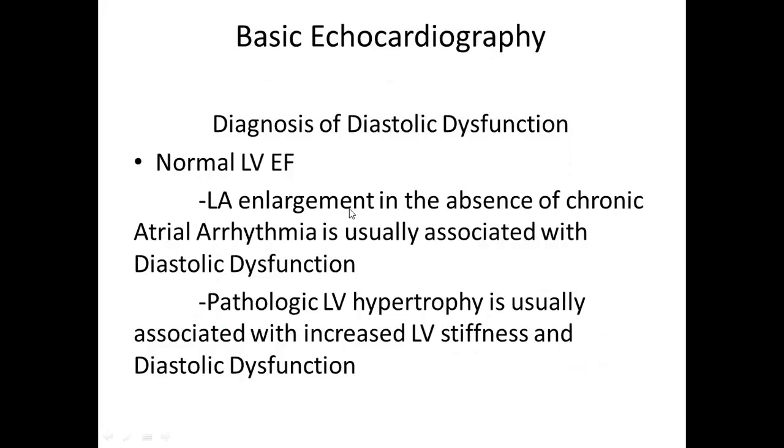So, left atrial enlargement in the absence of atrial arrhythmia, because remember, atrial fibrillation can give you an enlarged left atrium: the left atrium is not contracting, blood stays in the left atrium and expands it. So in the absence of chronic atrial arrhythmia, it usually suggests that the patient has diastolic dysfunction. So if you see someone with a large left atrium, they don't have significant mitral regurgitation, they don't have mitral stenosis, they don't have any atrial arrhythmia, it's probably because of diastolic dysfunction.